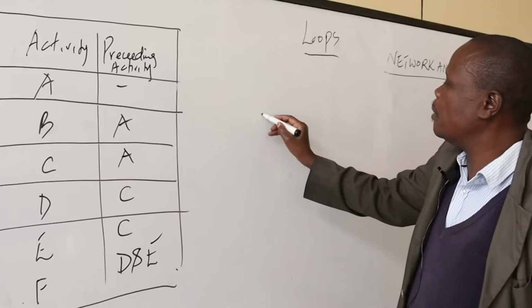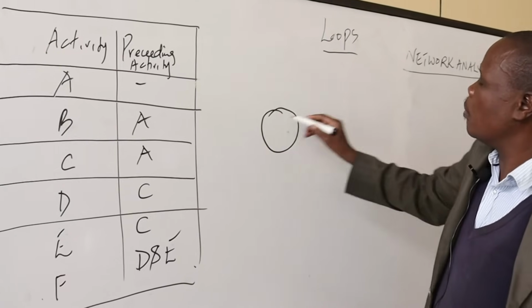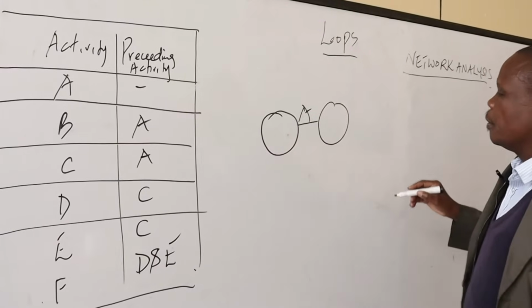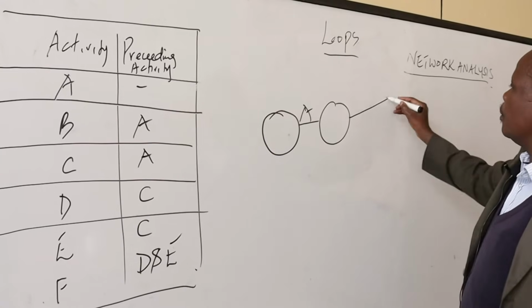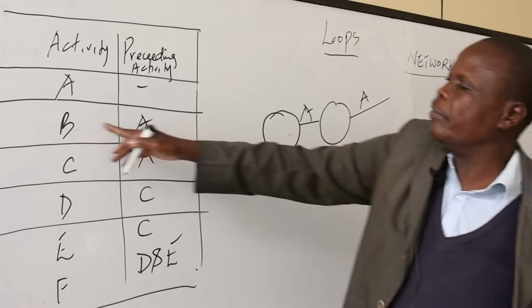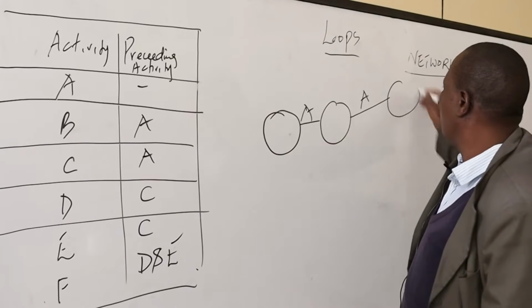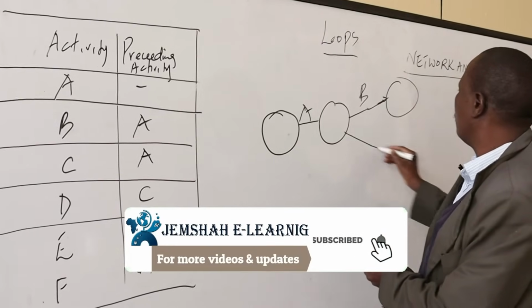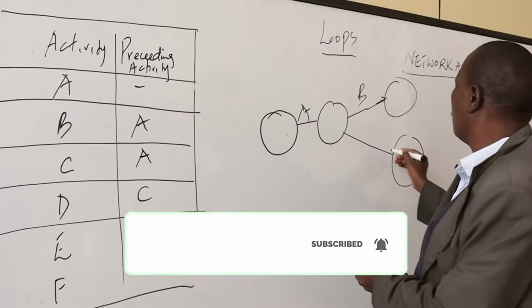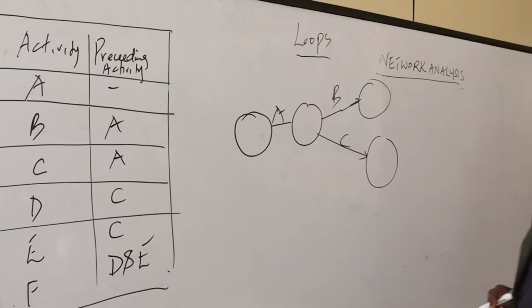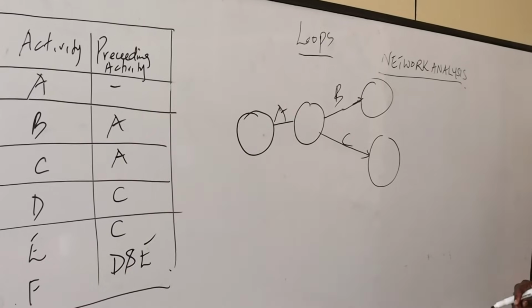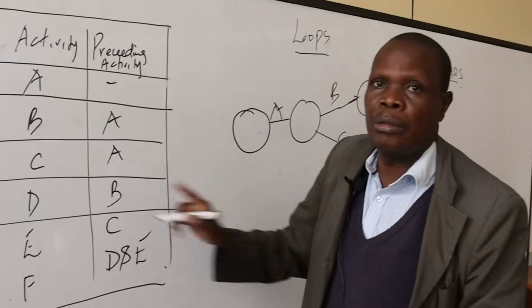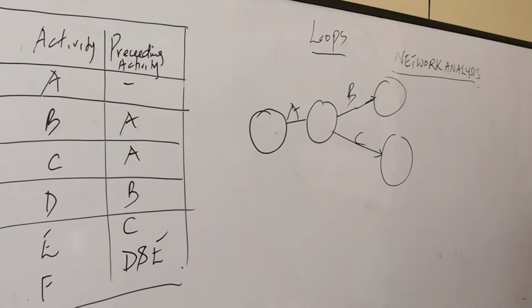The first one is A giving rise to B. Then B is giving rise to D.